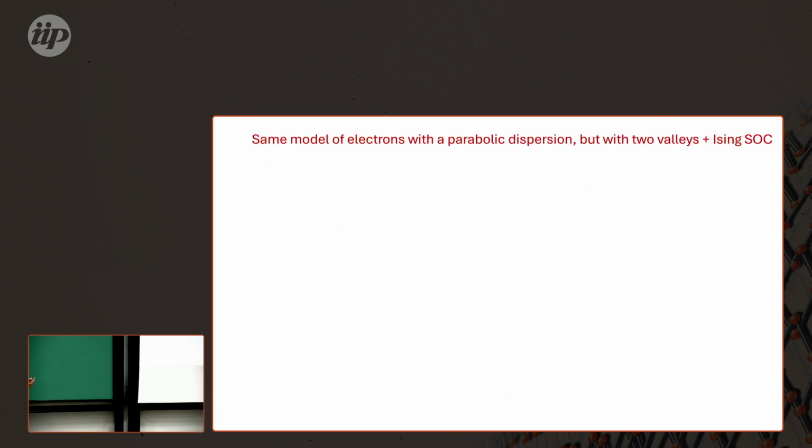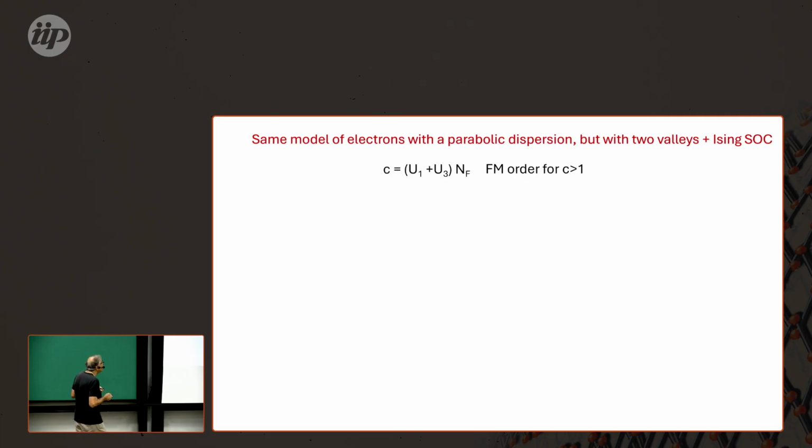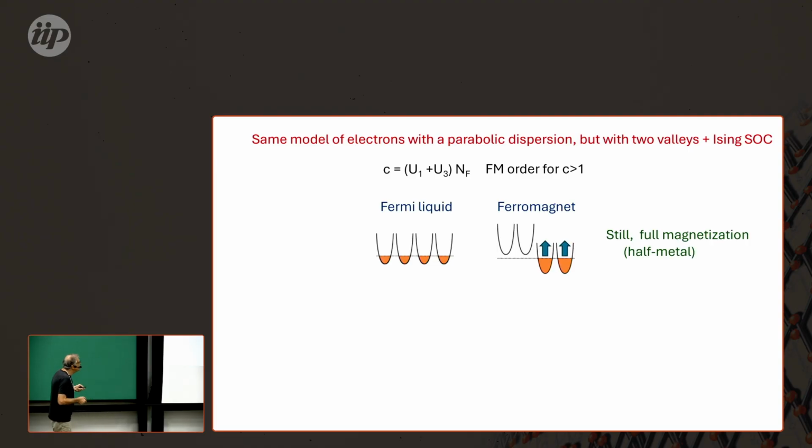So the last thing I want to do is extend all these calculations I did before to the case when we also have spin-orbit coupling, Ising spin-orbit. We still get magnetism, ferromagnetism, when this parameter, you see it's now U1 plus U3, previously it was just U. This is how it works. And we still have the same situation as before, a direct transition into the fully polarized state.